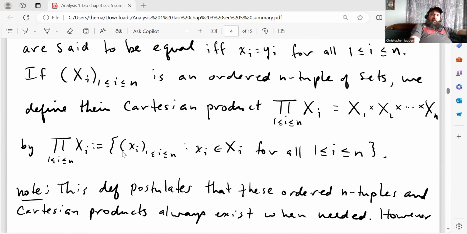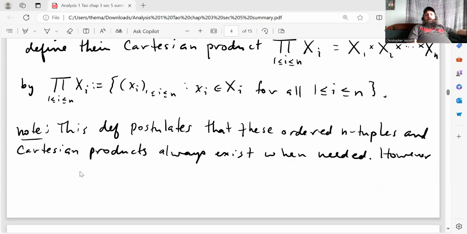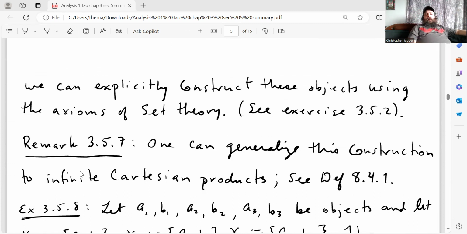Okay, and the formal definition is here. It's exactly what you think it would be. So another note: this definition postulates that these ordered n-tuples and Cartesian products always exist when needed. However, we can explicitly construct them from the set theory axioms that we've developed already. He says see exercise 3.5.2, so I assume we'll be doing that in that exercise.